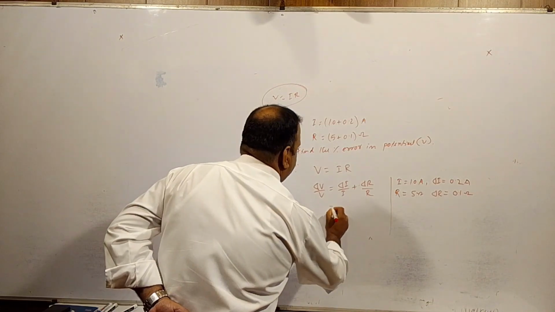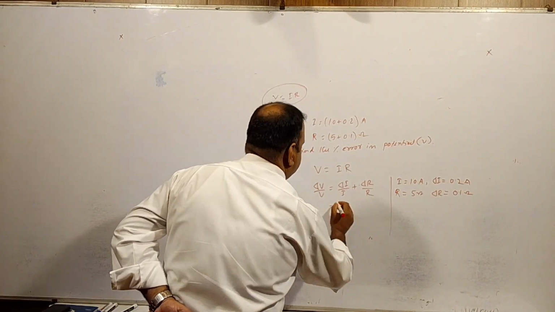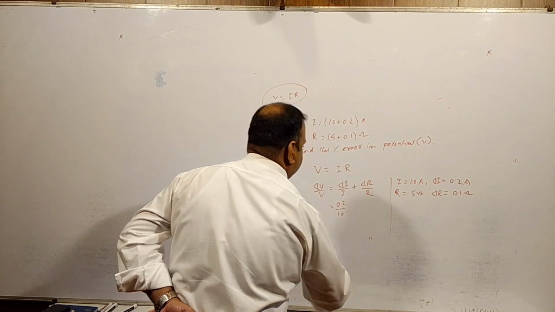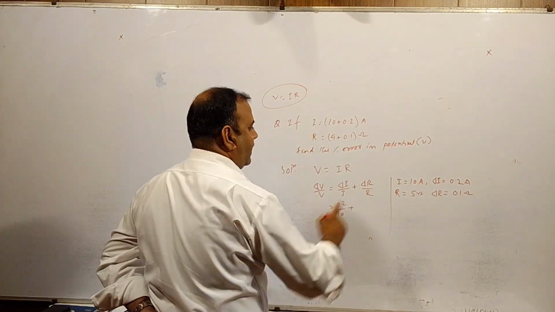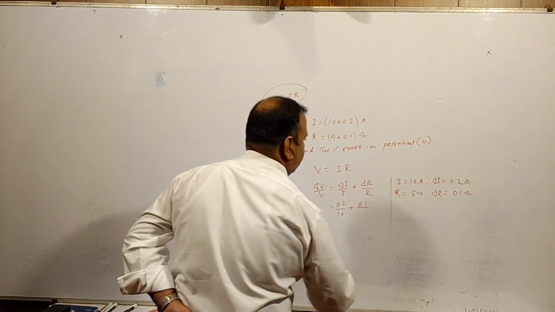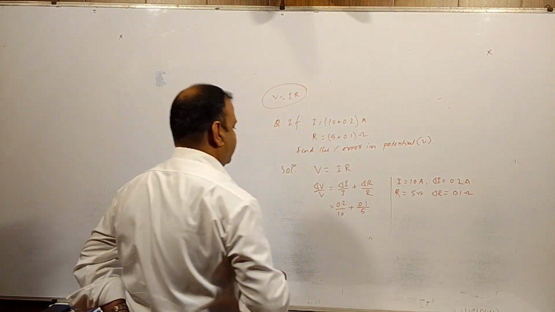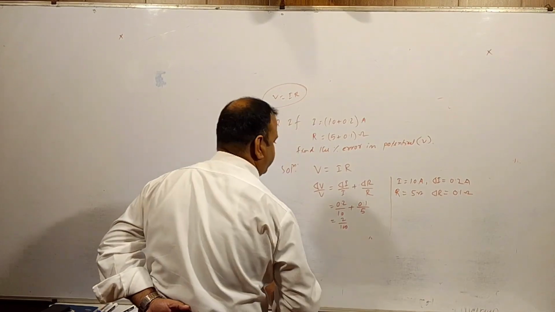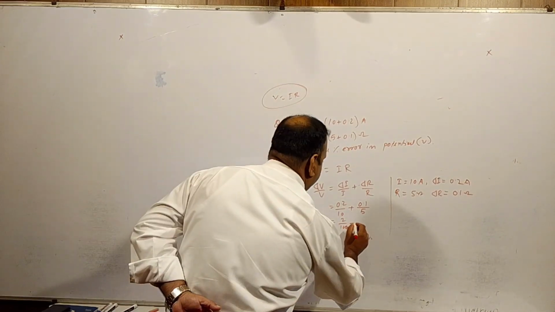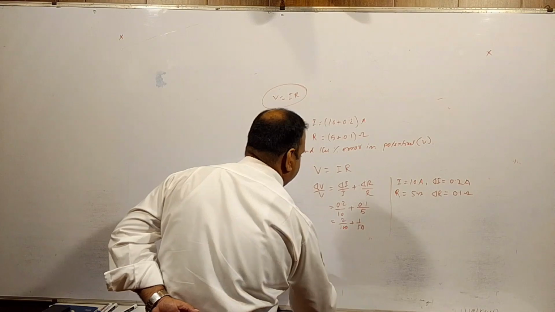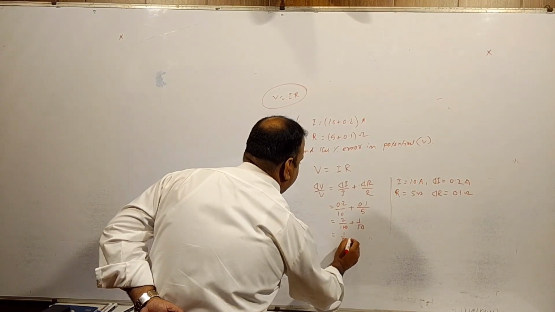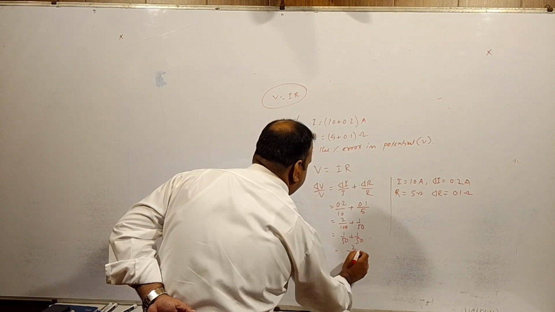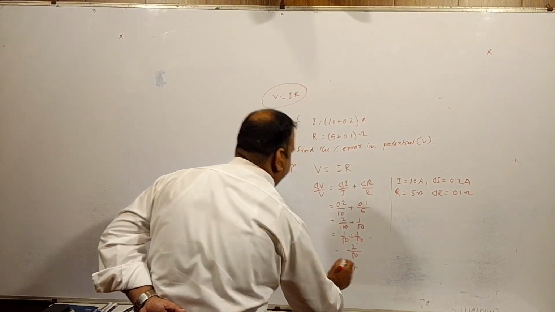Delta I is 0.2 and I is 10, plus delta R is 0.1 and R is 5. So this can be written as 2 by 100 plus 1 by 50. Here also 1 by 50 we can write, so it becomes 1 by 50 plus 1 by 50, which is 2 by 50, that means 1 by 25.